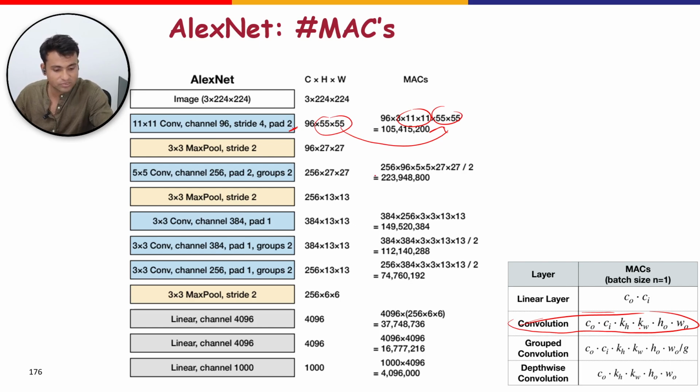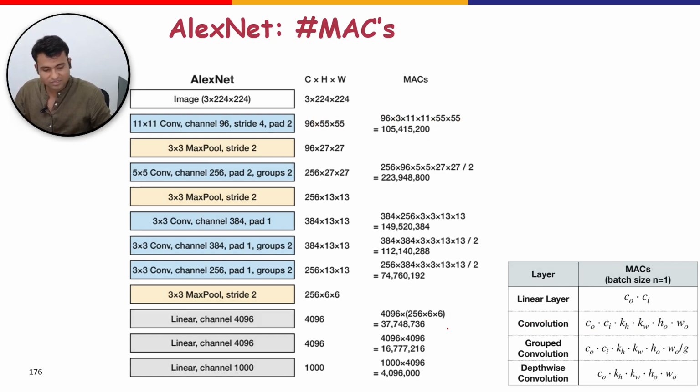And the input channel is coming from the number of channels you have in your channel dimension. Actually your channel dimension is determining that. Again, for the group convolution you can do it this way. So you can calculate the total number of MACs for AlexNet.